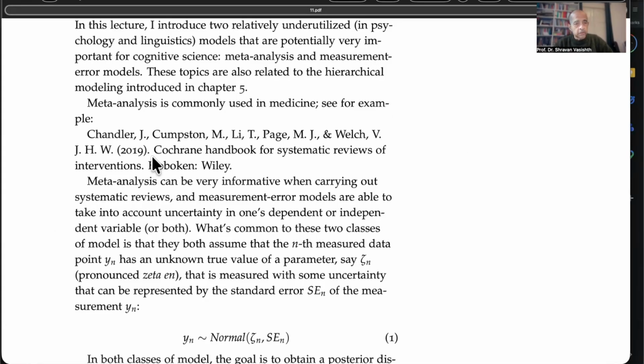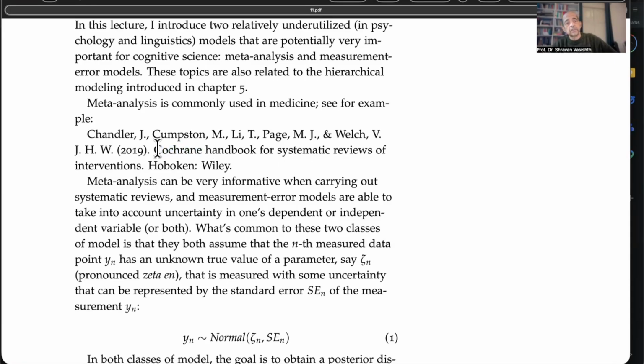In recognition of this important role for meta-analysis, there's actually an organization called Cochrane Reviews. I don't actually know how to pronounce this. But these are a bunch of statisticians who do only one thing, which is to carry out meta-analyses of published work in medicine.